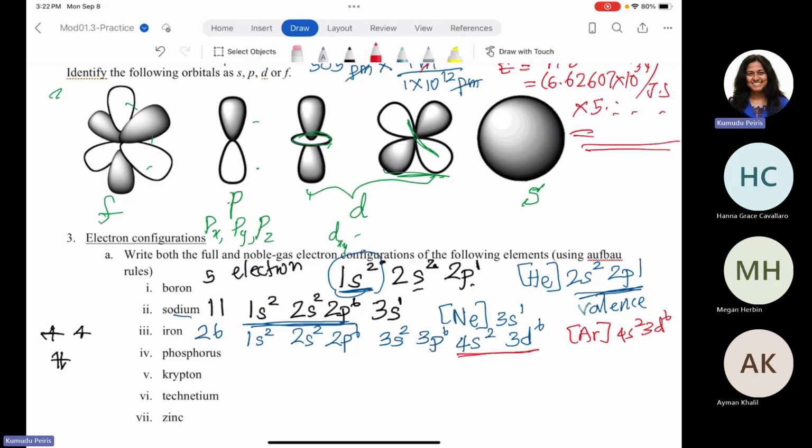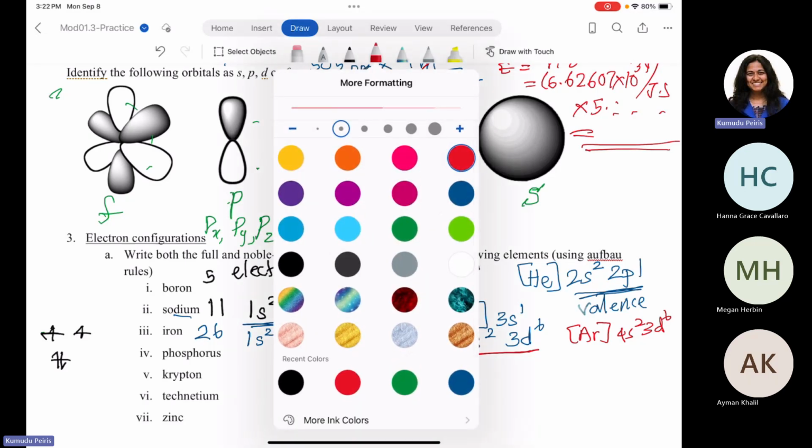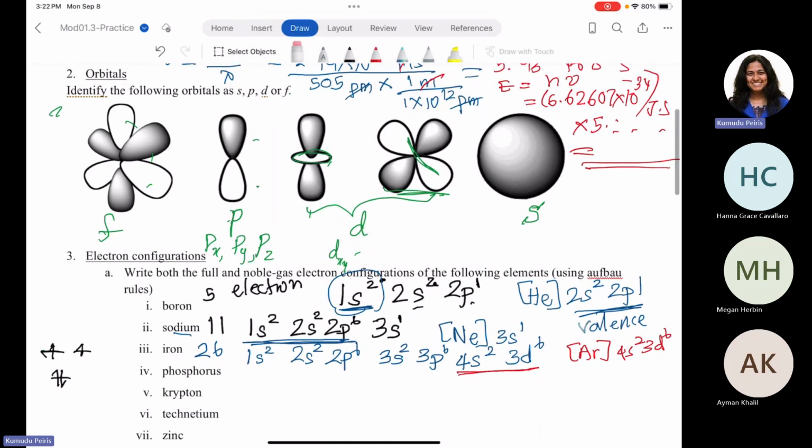As in group 1, sodium is an example of an element in group 1. So its valence electron configuration is 3s1.